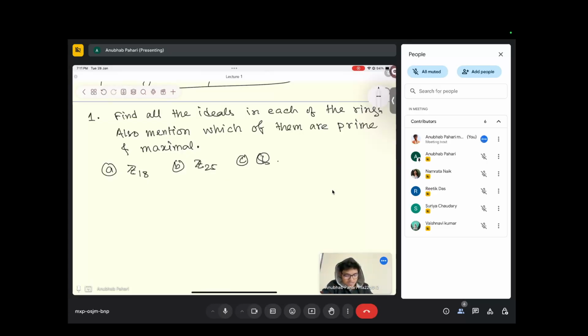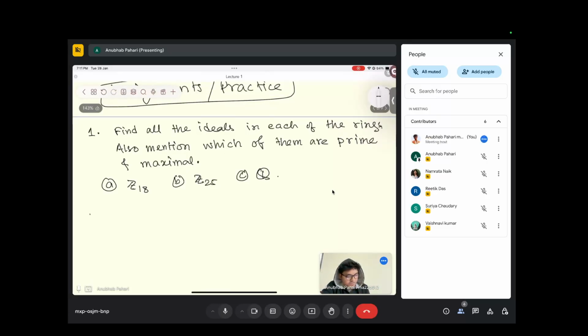Okay, so for part A, what is an ideal? It is an abelian subgroup, and these are all abelian groups under addition.